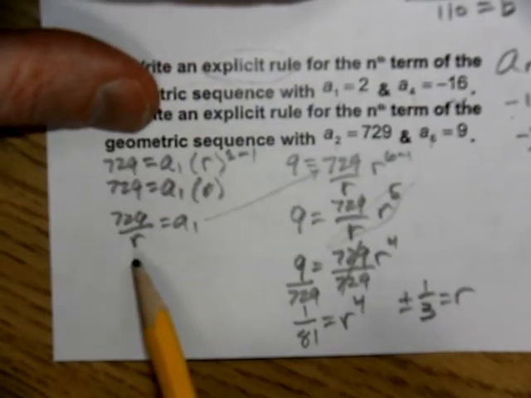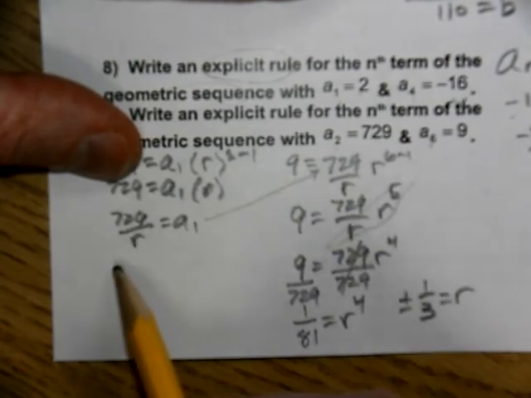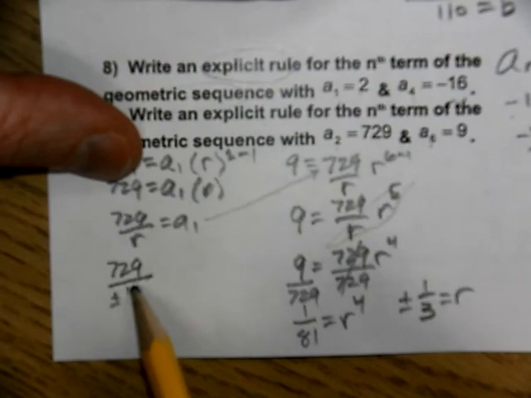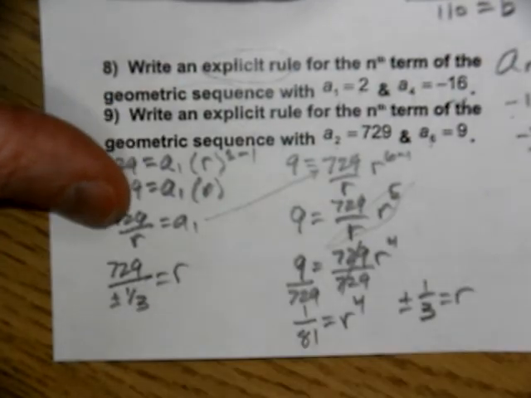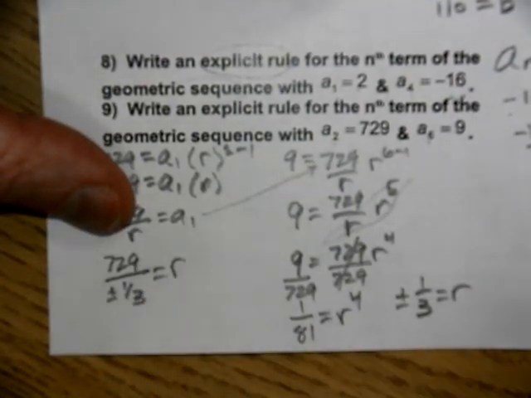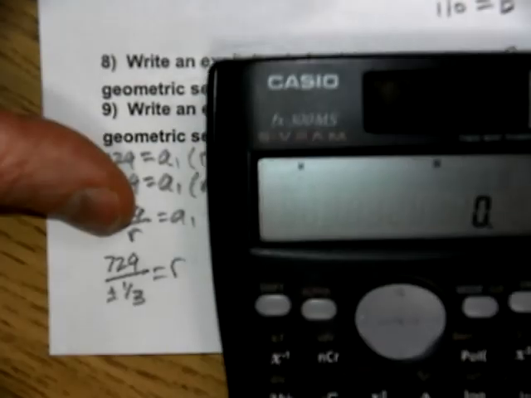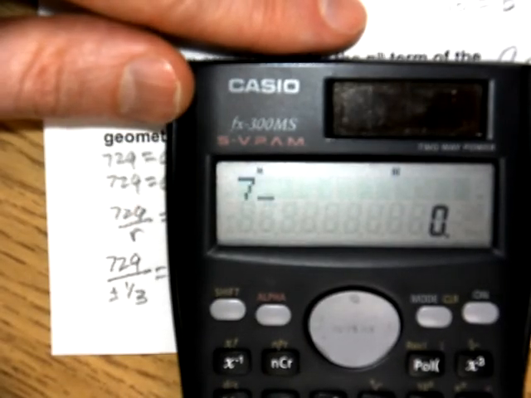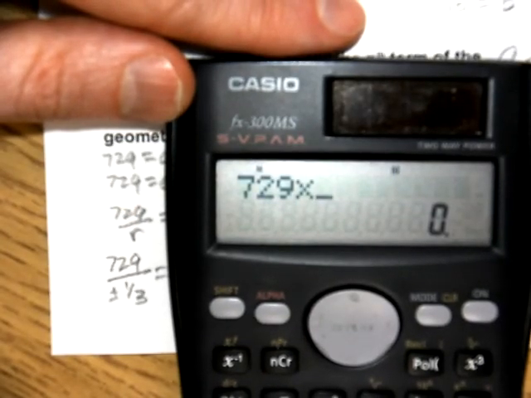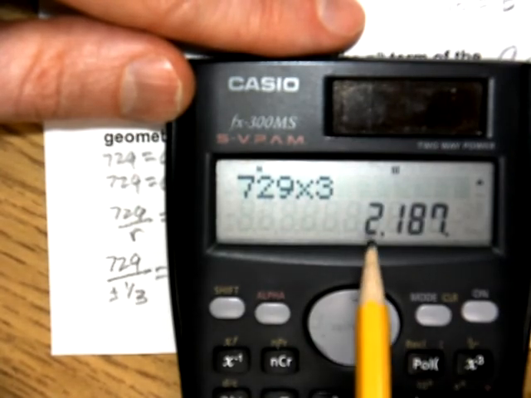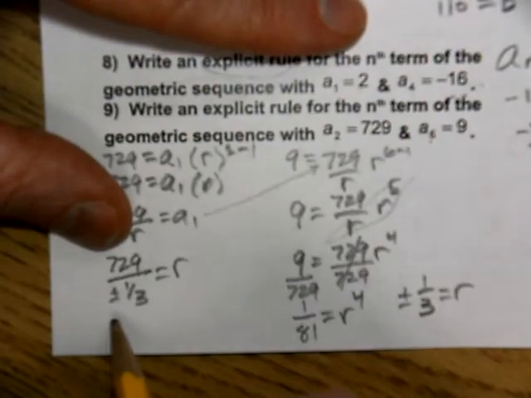So now we're going to need to bring that over here, and we get 729 over a plus or minus 1/3, which we have to multiply by the reciprocal and times it by 3. So 729 times 3 would give us a plus or minus of 2187.